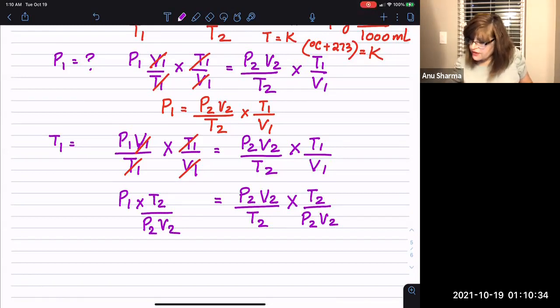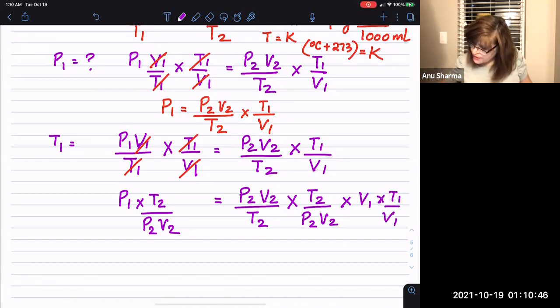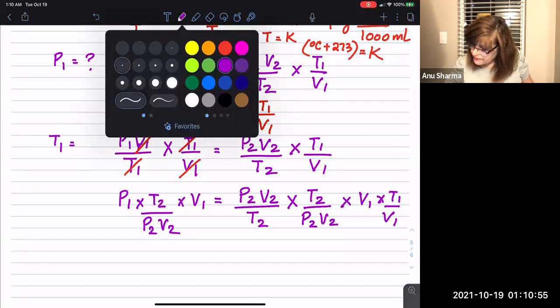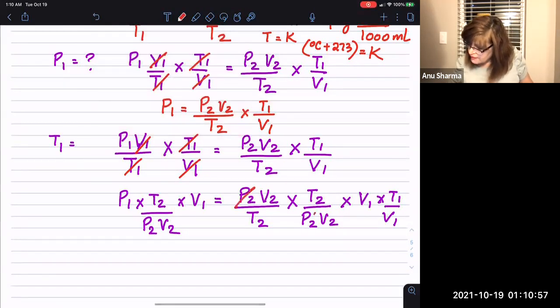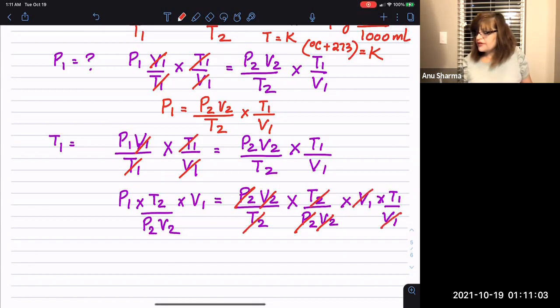And we need to get rid of V1 also, so multiply by V1 times T1 over V1. So here times V1. Okay, so you see now that P2 and P2 cancel out, V2 and V2 cancel out, T2 and T2 cancel out, V1 and V1 cancel out.